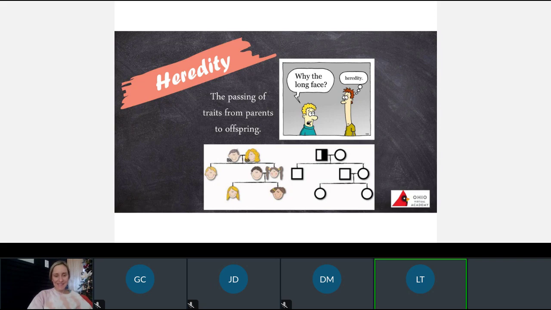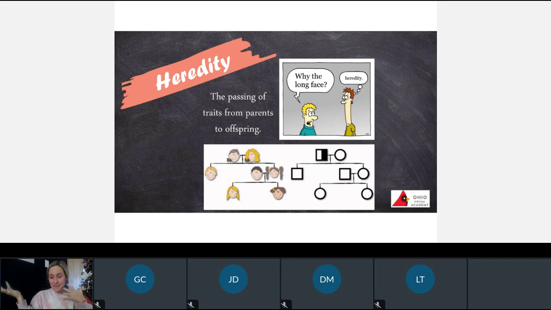Hereditary. The passing of traits from parents to offspring. And the little comic strip said, "Why the long face?" And the person is thinking, hereditary. Good. So heredity just means that there are genes passing from one organism to the next organism. And we know all living things come from what?